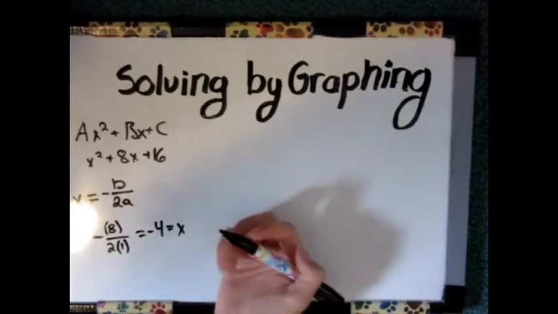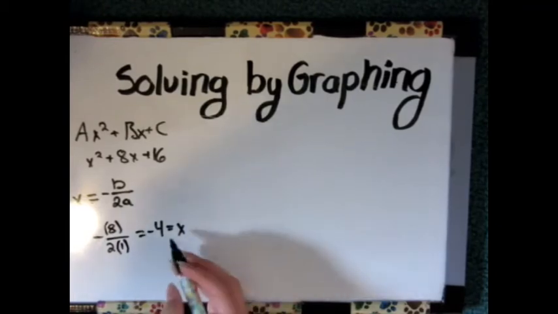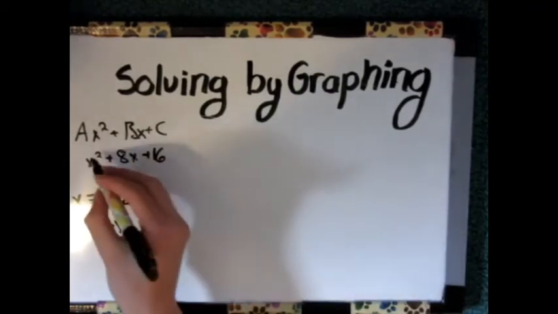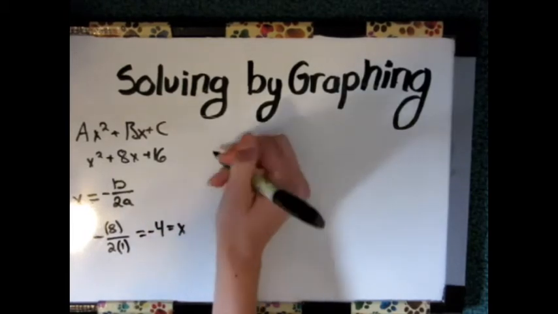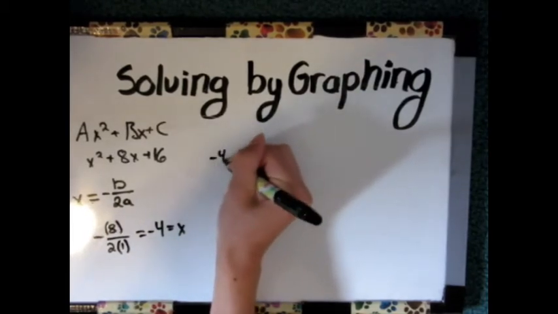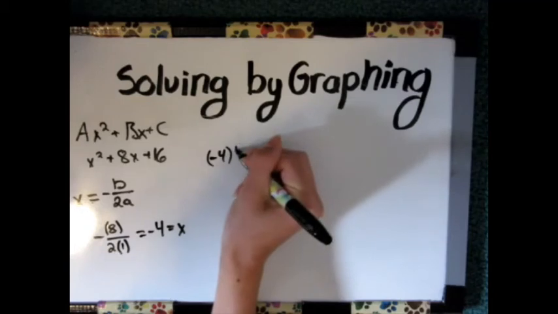Alright, and now to get your y value for the vertex, since you now have your x value, you can just plug in your x value into all of those x's there. So negative 4 squared.